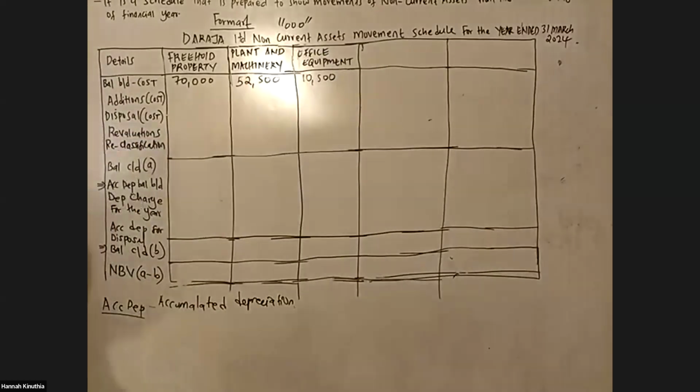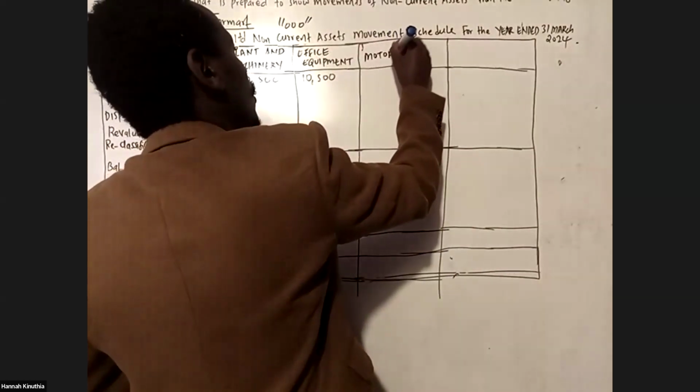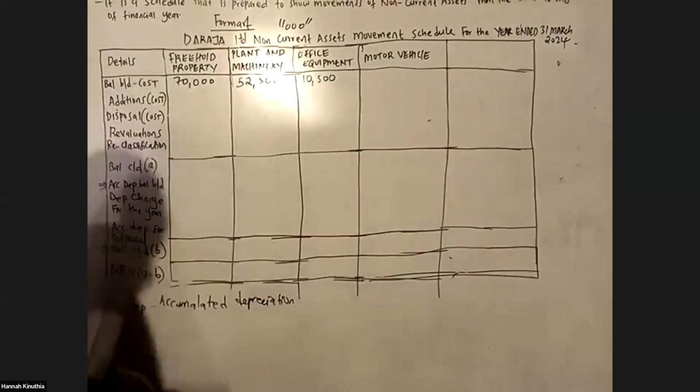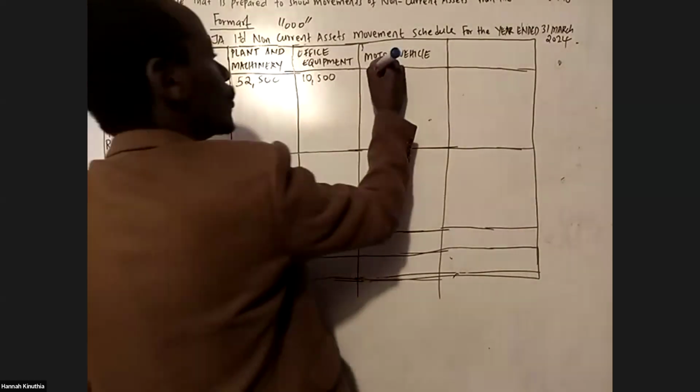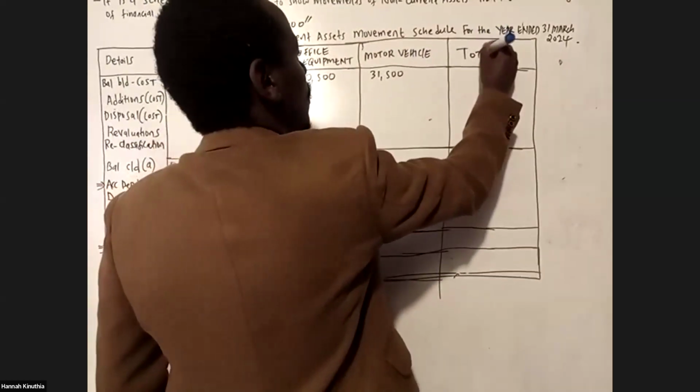Then after office equipment, we have motor vehicle, which is 31,500. Then find the total.